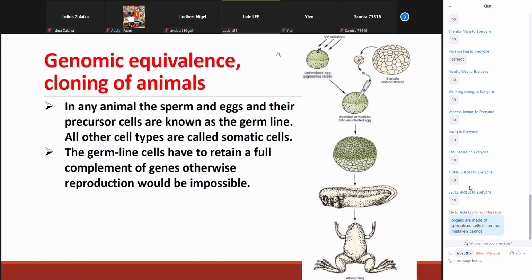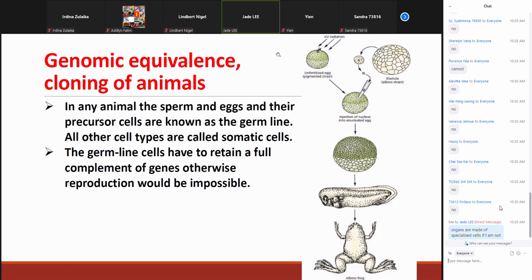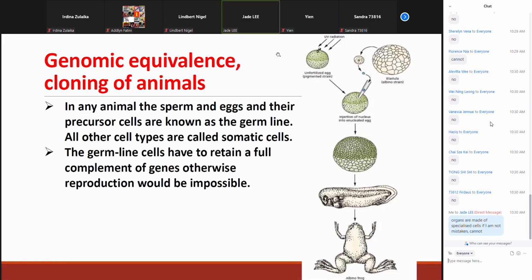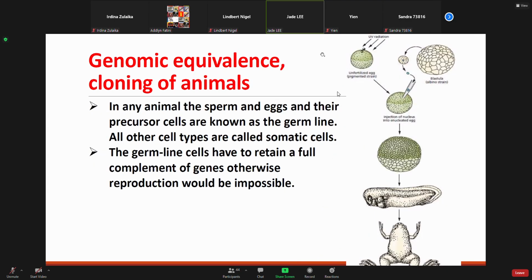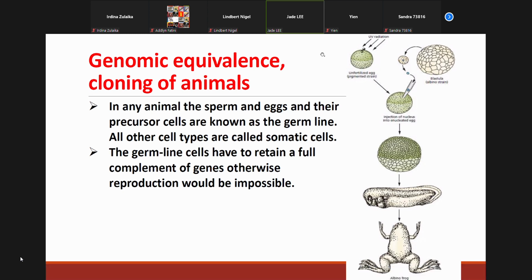Okay, Adeline, Fatini, you say can. Can you give me one example? Adeline? See, you also say can. Okay, can you give me one example also? Blood cells.